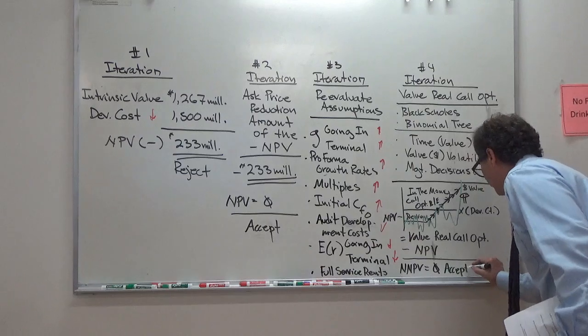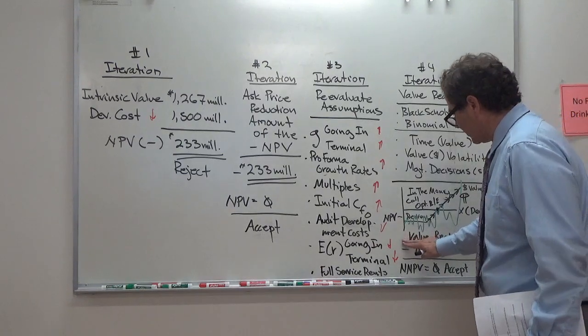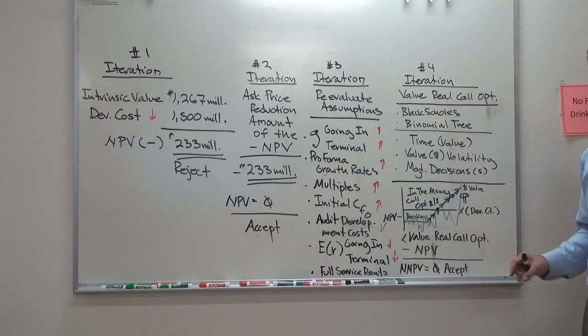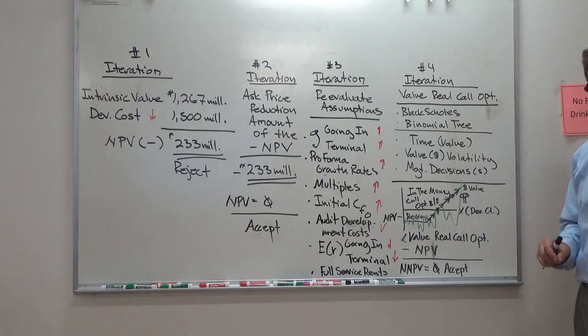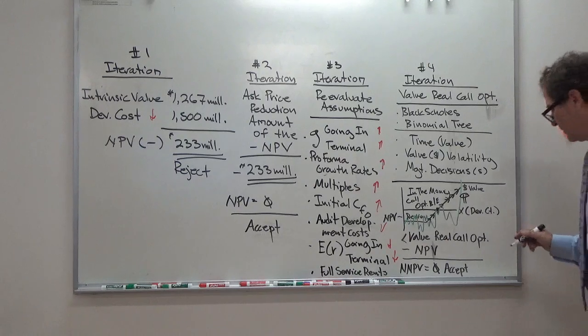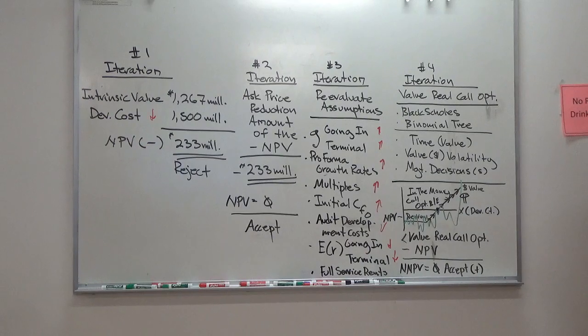Got it. And what if the value of the real call option is greater than the negative net present value? What's your net present value? Greater than zero. Positive, zero, or negative? Positive. Got it. And would you accept or reject it?